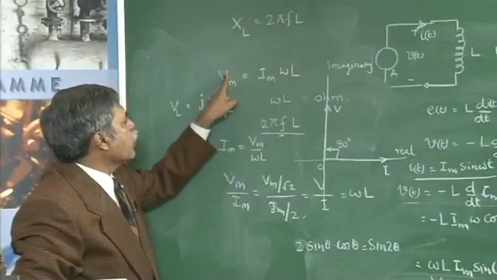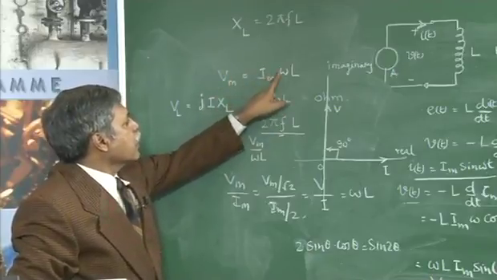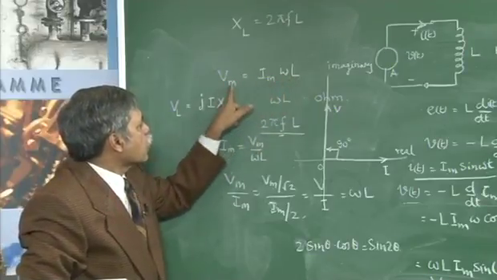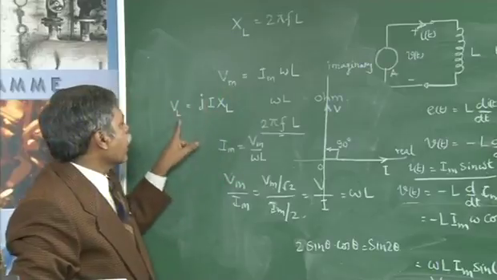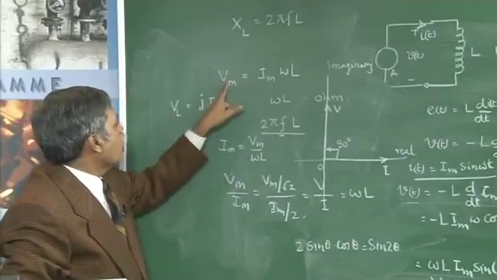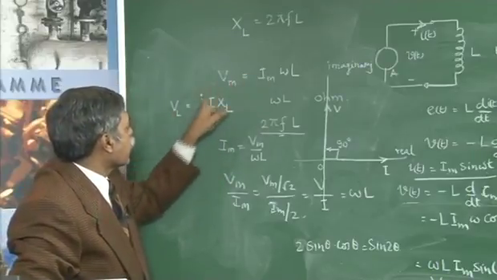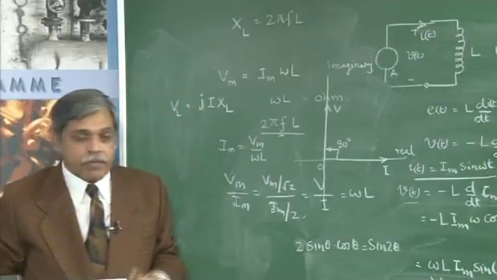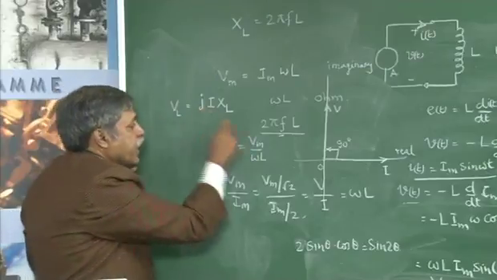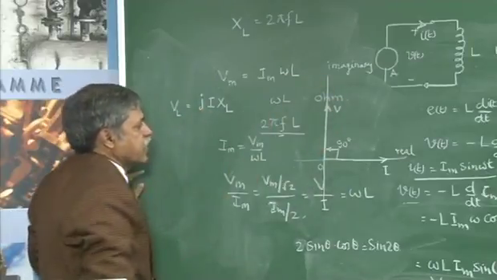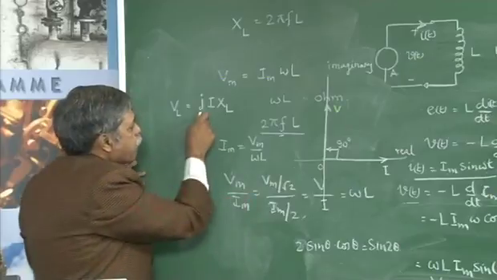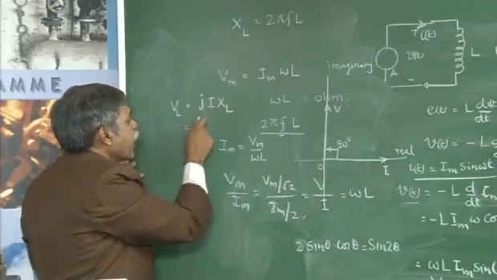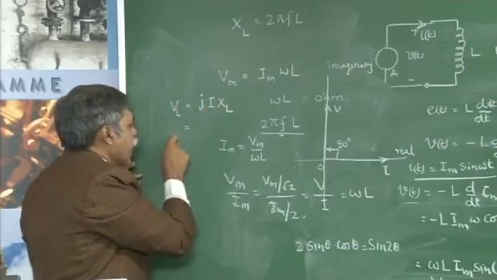So that will give you Vrms equals Irms multiplied by omega L. So this gives you the voltage across the inductor, I call VL, which equals Vm by root 2 in this equation, the RMS value of the voltage across the inductor. This voltage, because it is along the positive vertical axis or the imaginary axis, I represent as j times I XL. Now here j we call an operator.